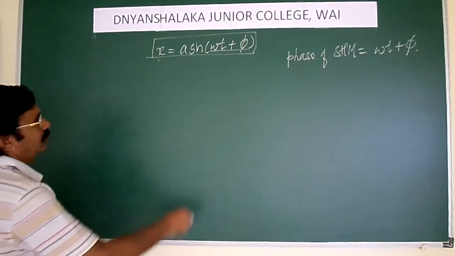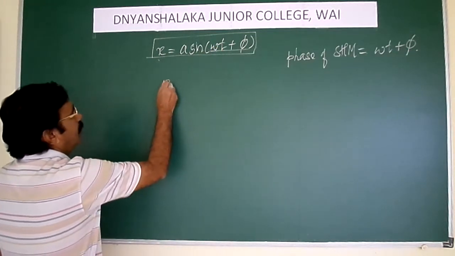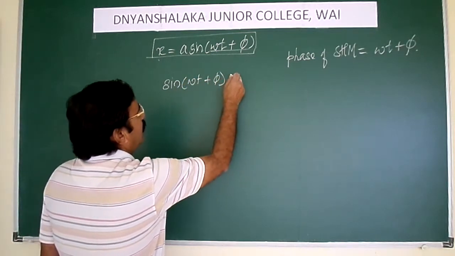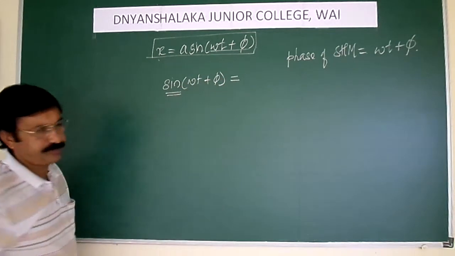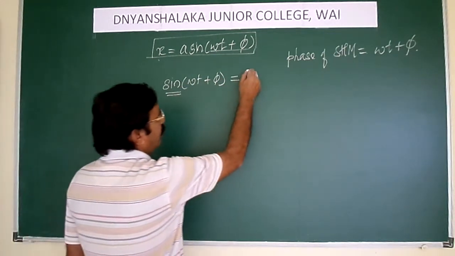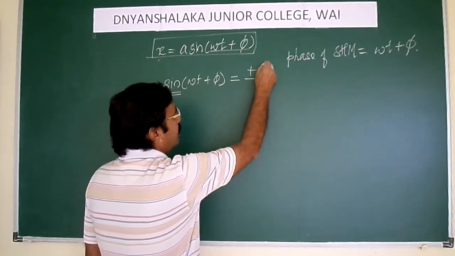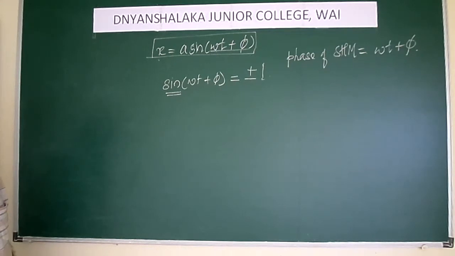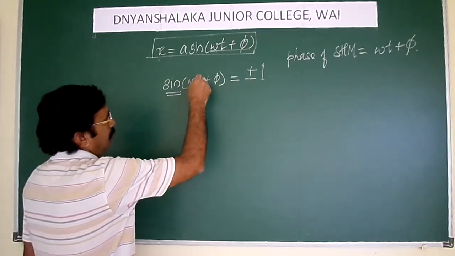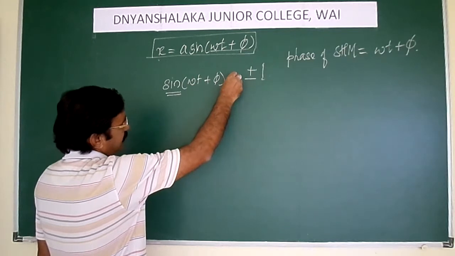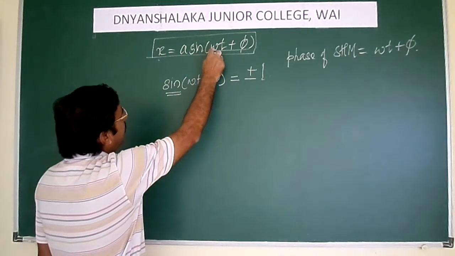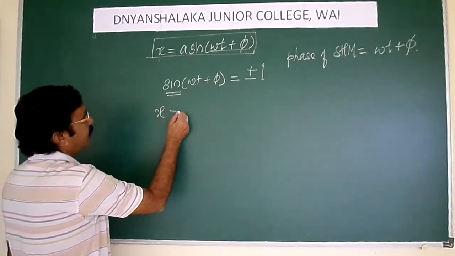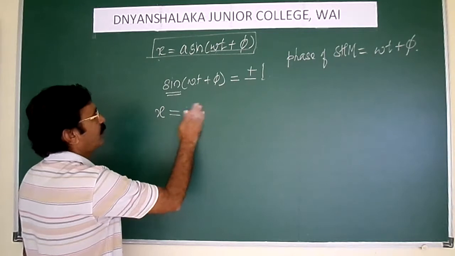Now, if the sine of omega t plus phi, for sine function, the maximum value is plus 1 or minus 1. If we take the value of sine as plus 1 or minus 1, then the value of x becomes equal to plus or minus a.